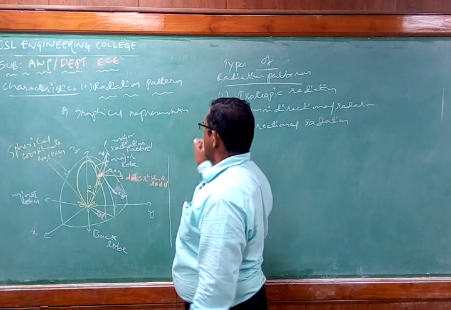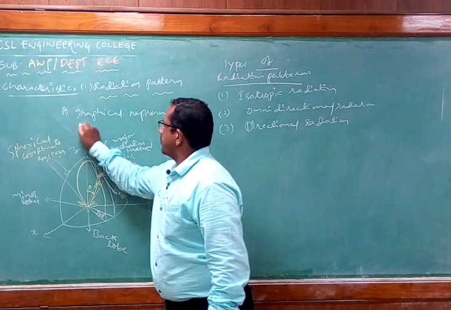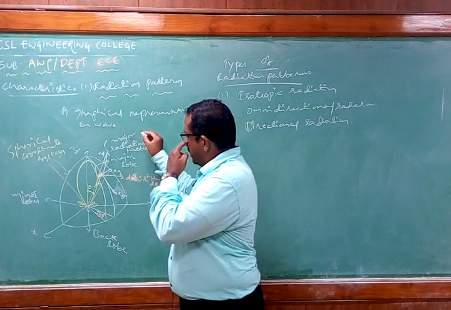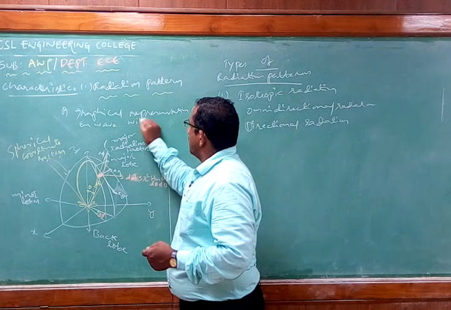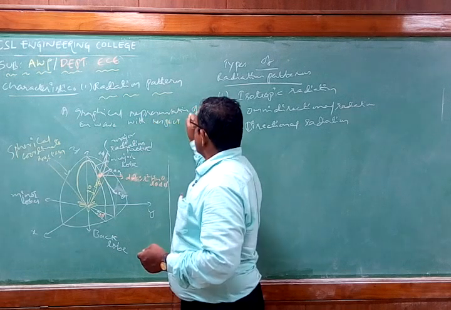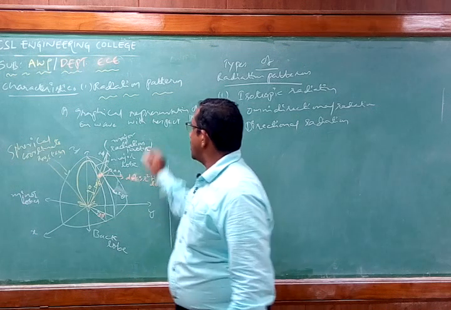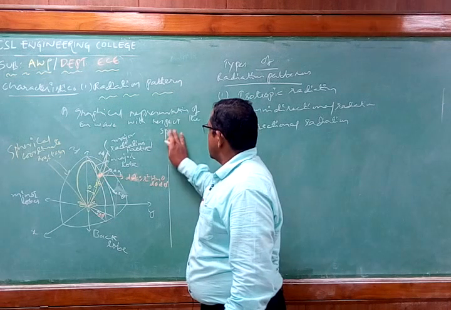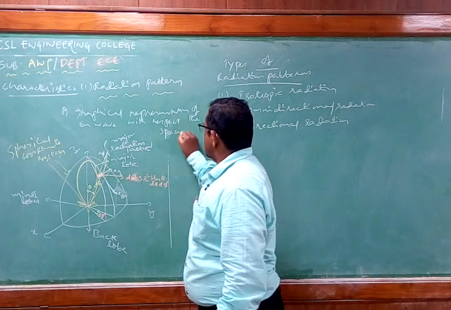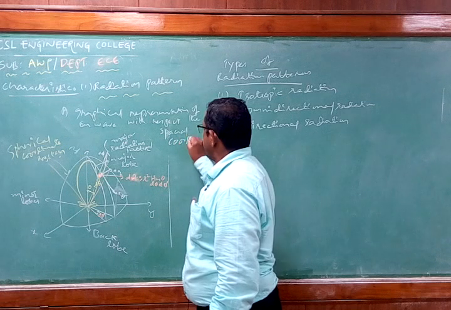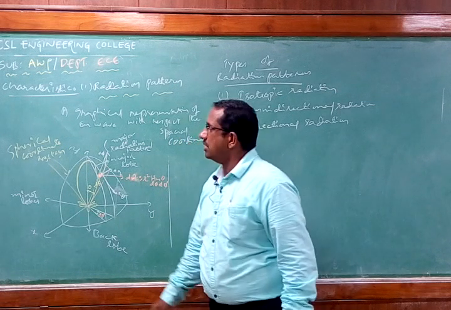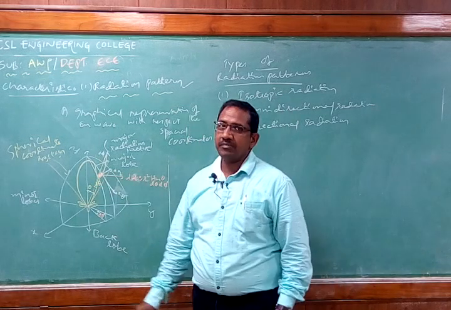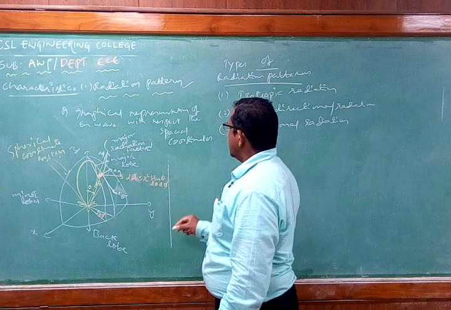So a graphical representation of an EM wave with respect to the spatial coordinates is basically known as a radiation pattern.